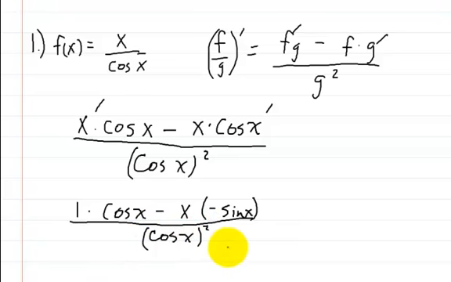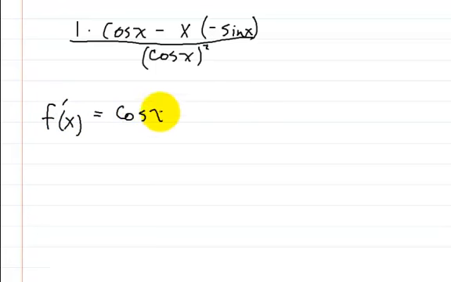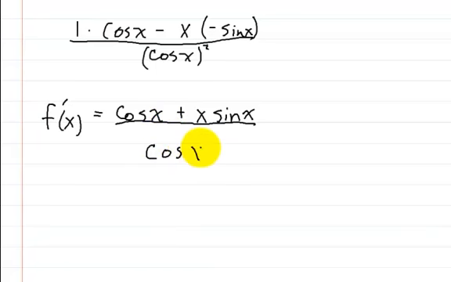Scroll down a little bit more. So for this we're going to get the derivative of f of x is equal to cosine of x. Since you have the two negatives, it's going to be plus x sine of x, divided by cosine x squared.